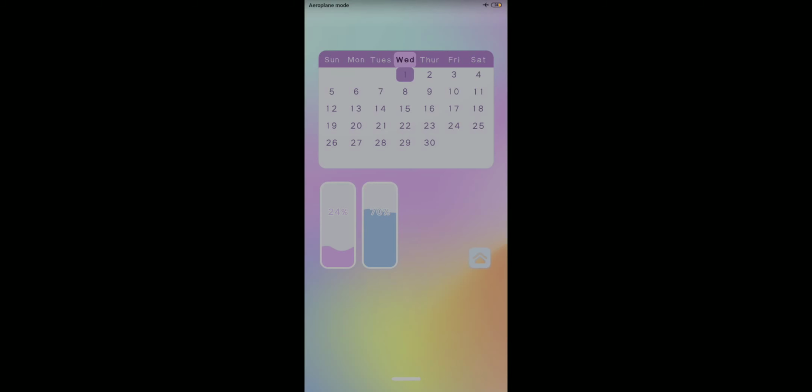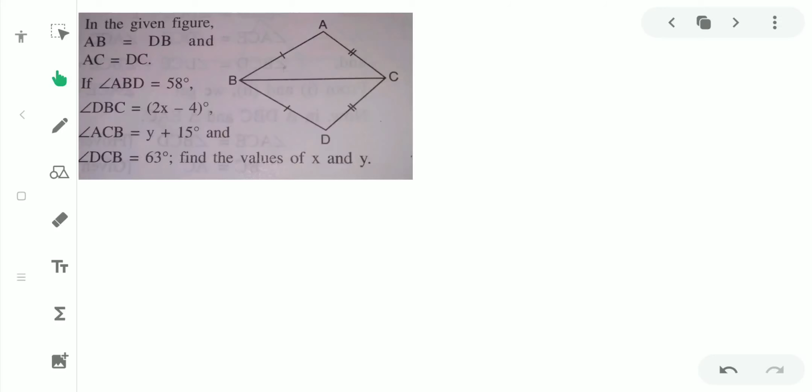In the given figure, AB is equal to DB, so this line is equal to this line, and AC is equal to DC.